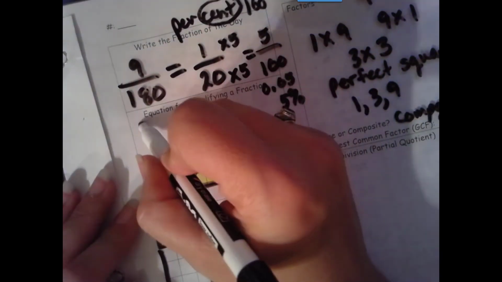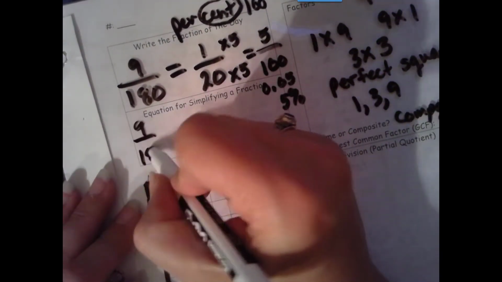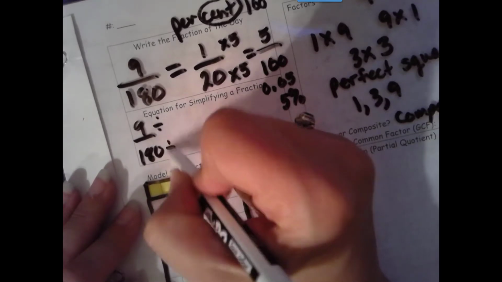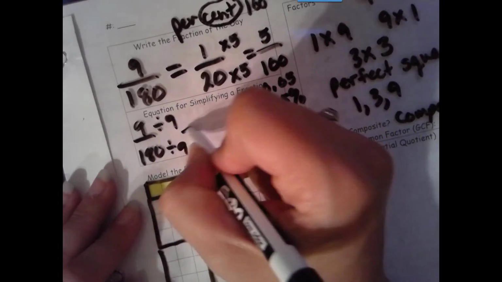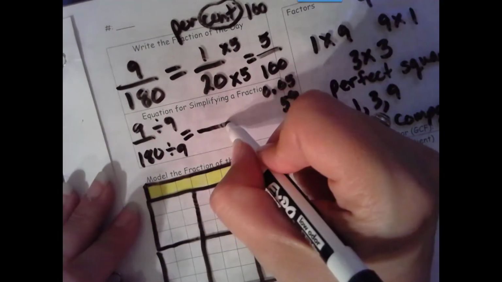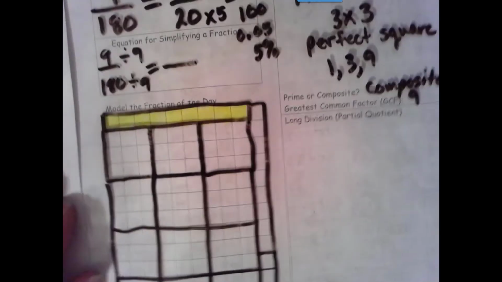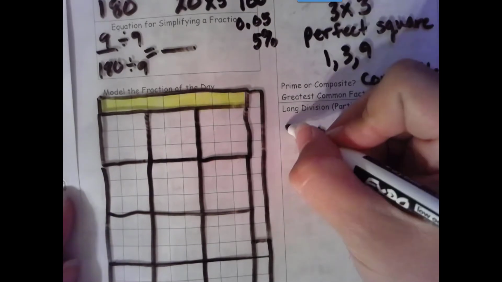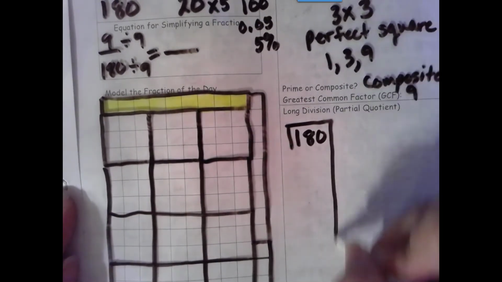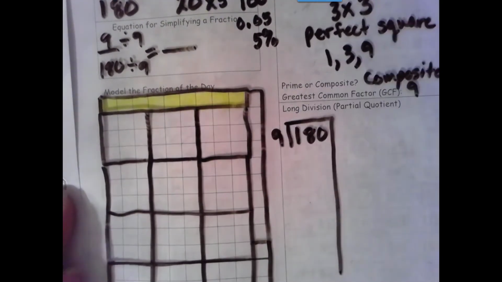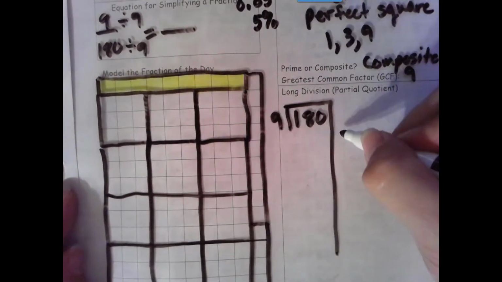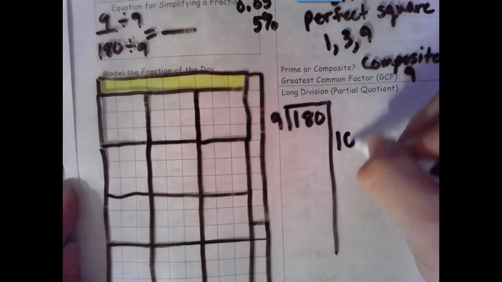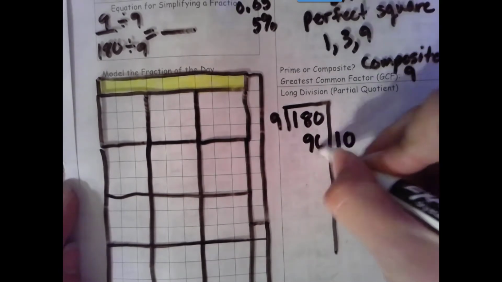Okay, we did our division with our model. Now we're going to do it with our algorithm, dividing both by our greatest common factor. I'm going to start with 9 times 10 is 90.